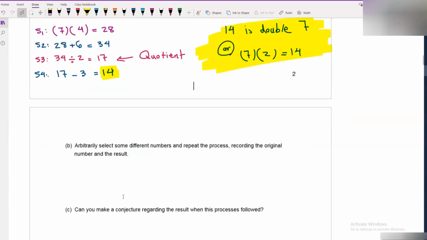Part B, arbitrarily select some different numbers and repeat the process. We want to see if we use a different number, are we going to have that same conclusion again or not?